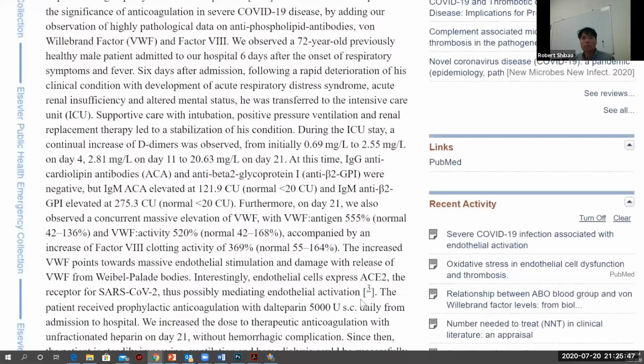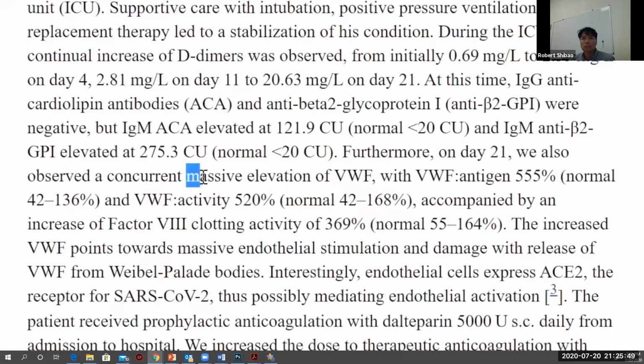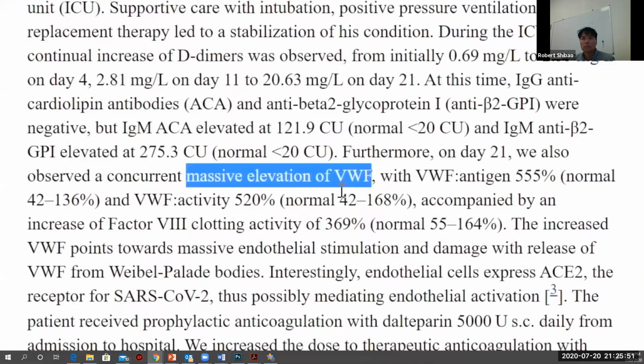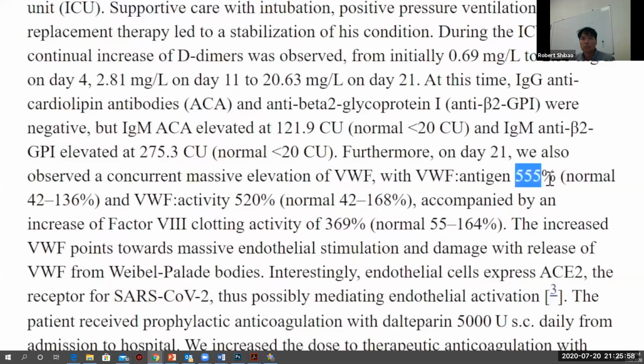And what it showed was that there was a massive elevation of this von Willebrand factor. And this von Willebrand factor, the antigen was 555% of normal. And the von Willebrand factor was 520% of normal activity, when normal is 42 to 168. There were also other factors that were increased, including factor 8 of the coagulation cascade.